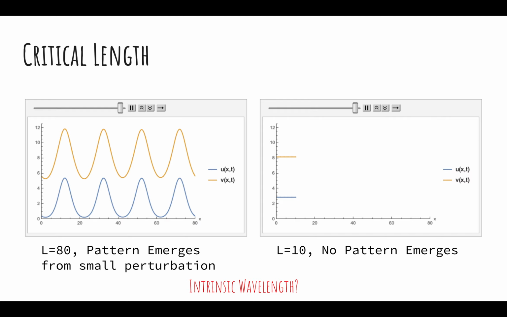Well, intuitively, maybe the domain is too small for the wavelength to form, so it doesn't have enough room to fit in one wavelength if there's some intrinsic wavelength in the problem. That intuition is right, and we're going to explore it more carefully.